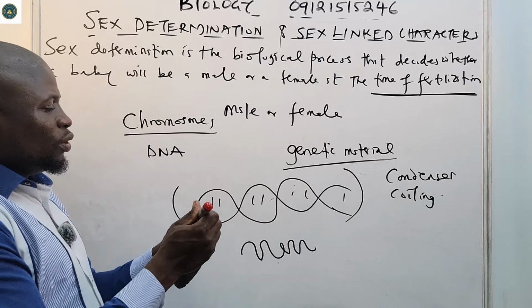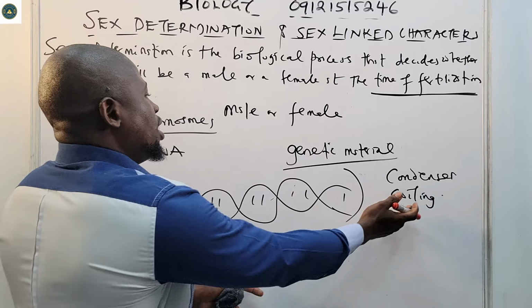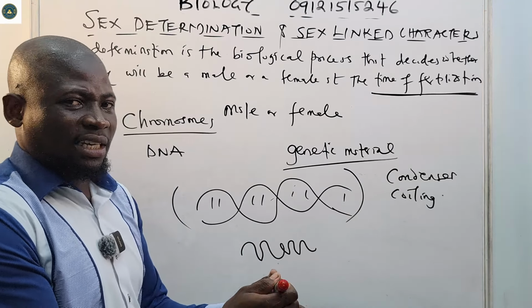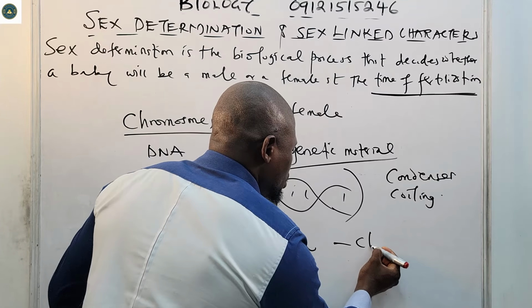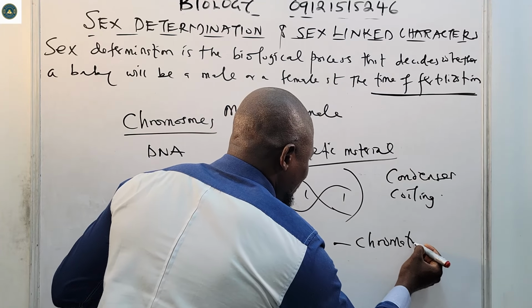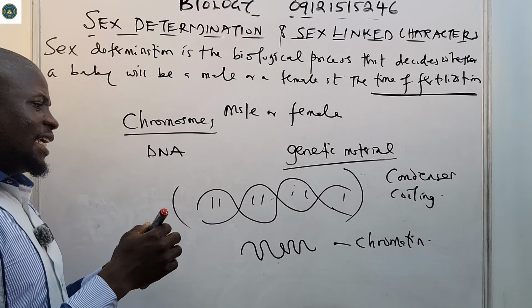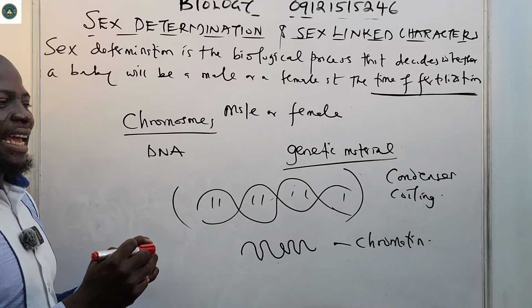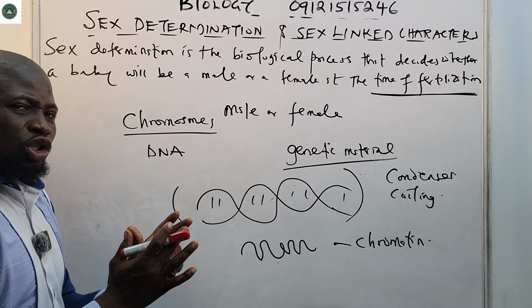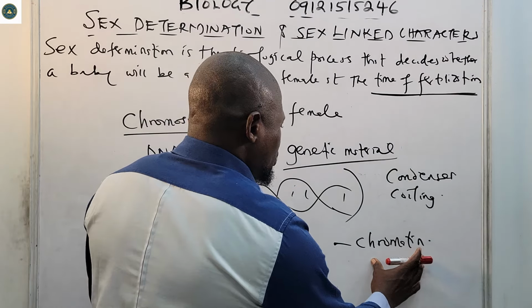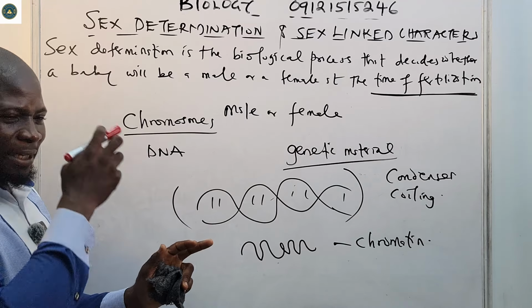When the DNA undergoes this coiling, when it condenses, it first forms what we call chromatin.